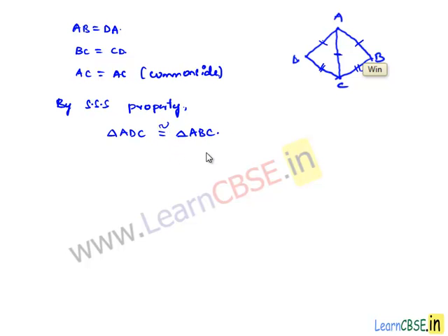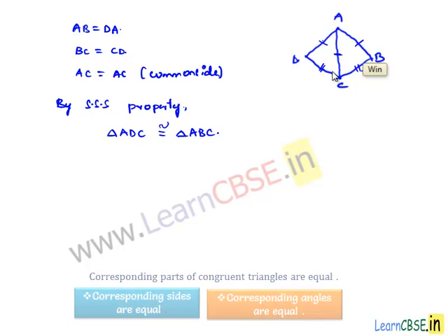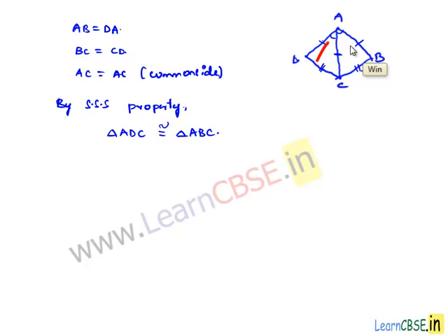We know when two triangles are congruent, then the corresponding sides and corresponding angles will be equal. So here the corresponding angle DAC can be equated to angle CAB, and also angle DCA can be equated to angle ACB.